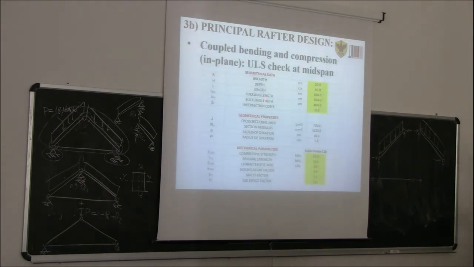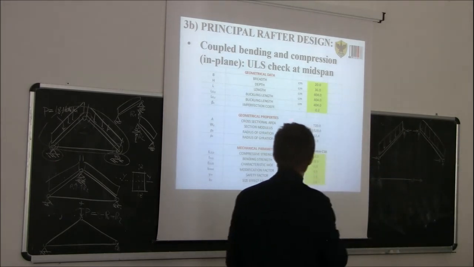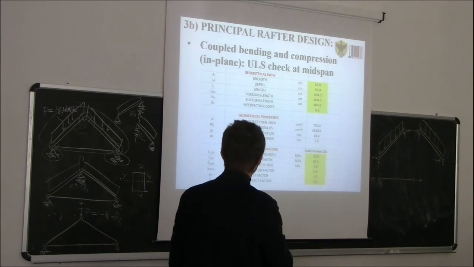Of course, the best thing to do is to have a spreadsheet. So breadth of the cross-section, depth, the length. In this case, you can assume a buckling length. I mean, the length could be the length of the whole beam, basically. Imperfection.